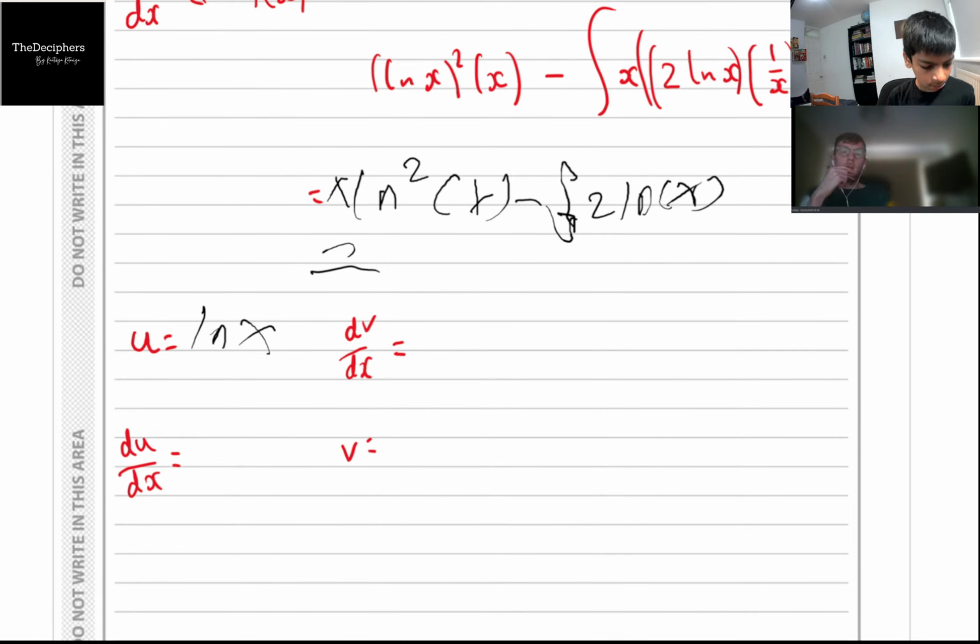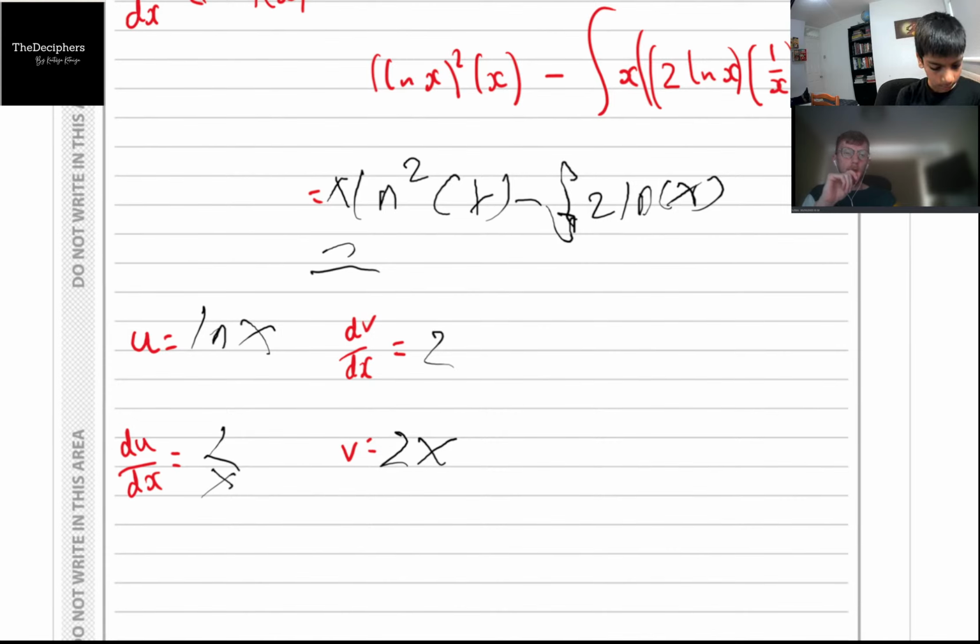So the derivative of ln x is just 1 over x. Good. And the integral of 2 is just 2x. Good.